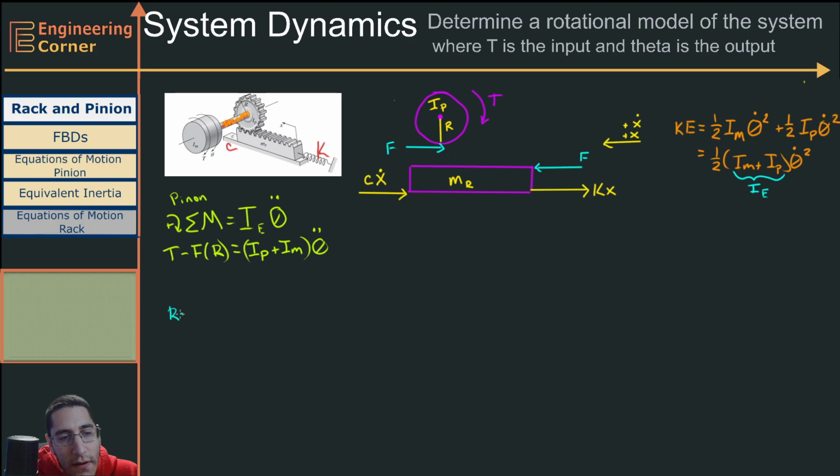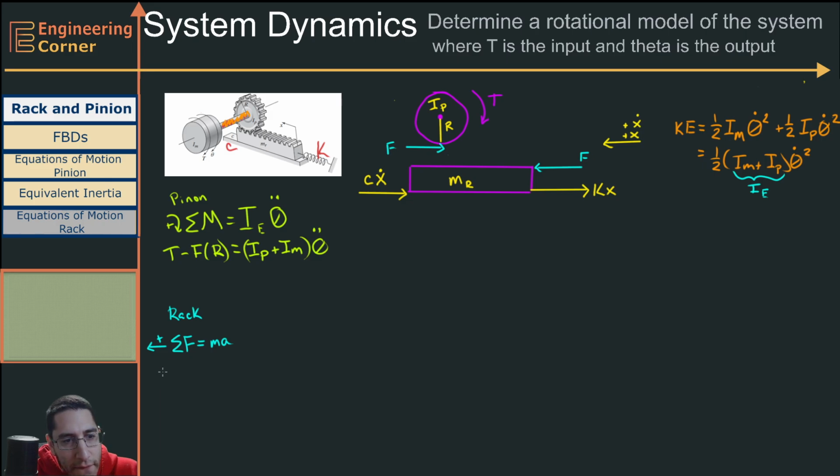So with the rack over here, it's only linear motion. It's not rotating. So I have the sum of the forces is equal to the mass times acceleration. And I'm going to say anything going to the left is going to be positive, so it coincides with my direction right here. So what do I have?